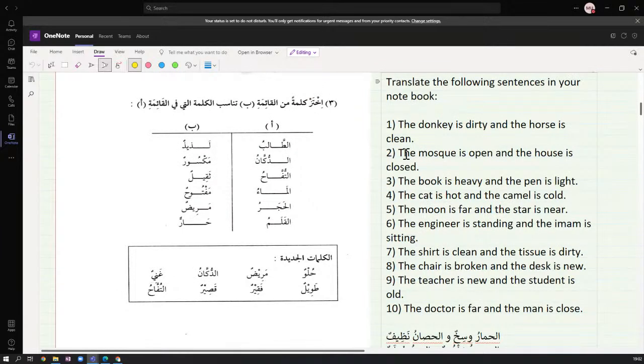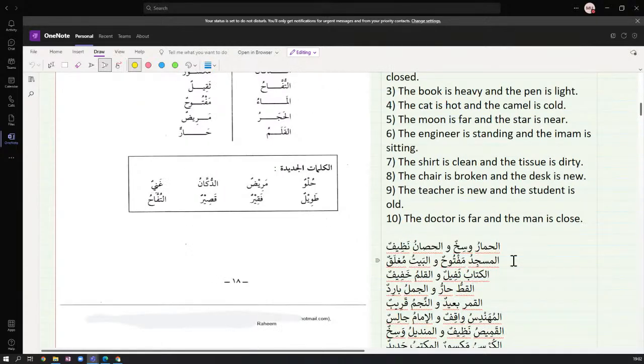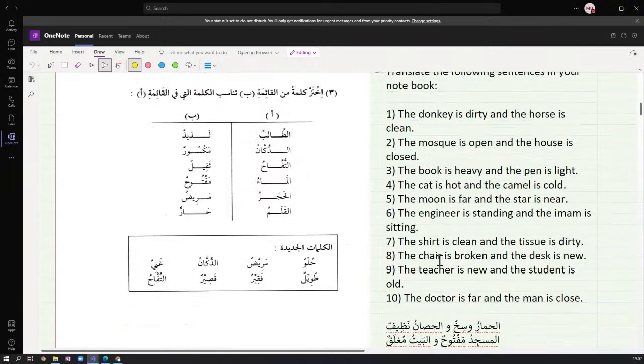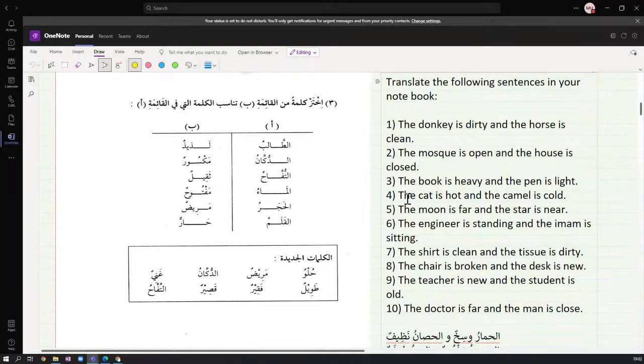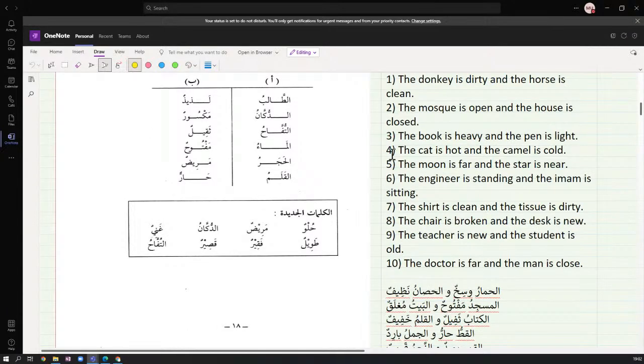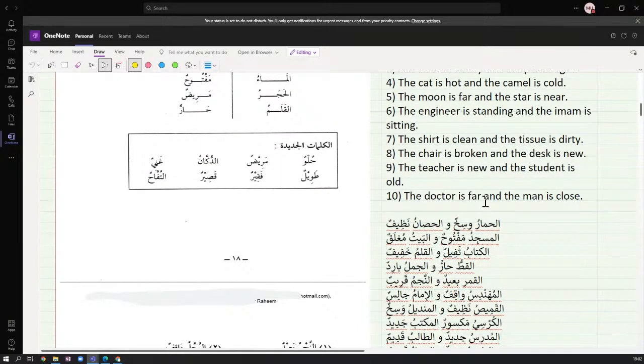الثانية, the mosque is open and the house is closed, which should read المسجد مفتوح والبيت مغلق. Number three, the book is heavy and the pen is light, which should read الكتاب ثقيل.